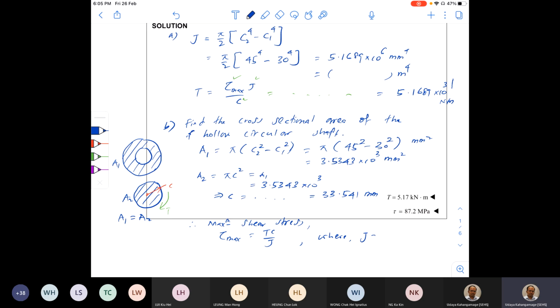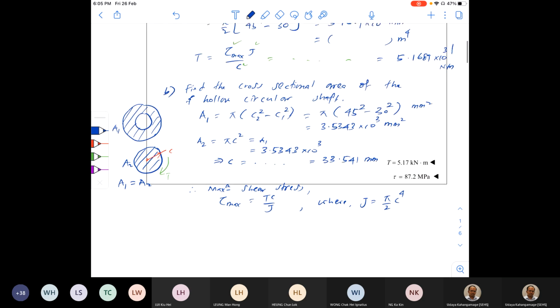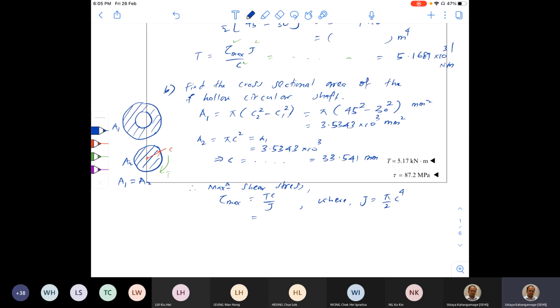J is equal to pi over 2 C to the power 4. We can simply substitute that in here: T C over pi by 2 C to the power 4.